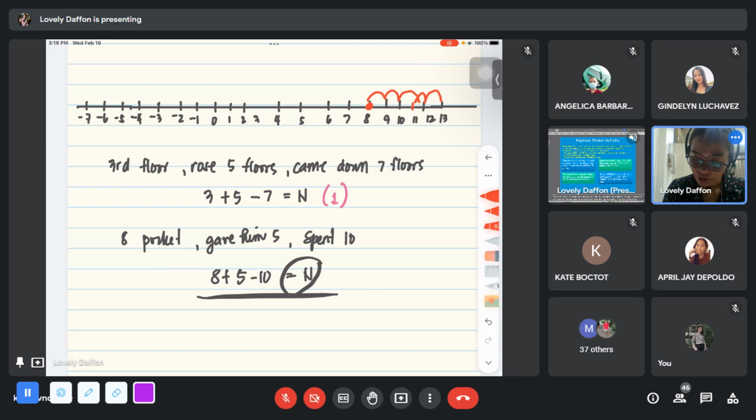And then afterwards, he spent 10: 1, 2, 3, 4, 5, 6, 7, 8, 9, and 10. Therefore, he has 3. Same thing: 8 plus 5 is 13, then minus 10, so 3. It is that easy.